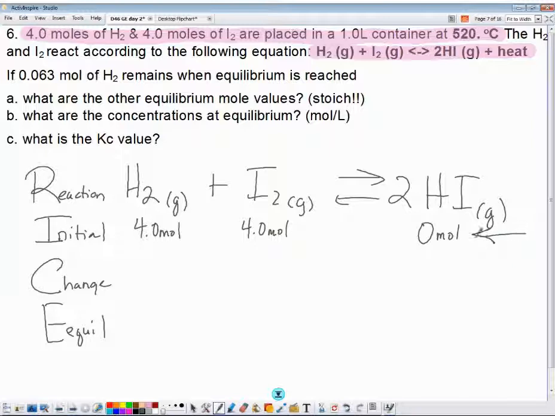So with this being 0, what direction is my change going to happen in? Can 0 become anything less in chemistry? No. I have no products. It cannot go left.